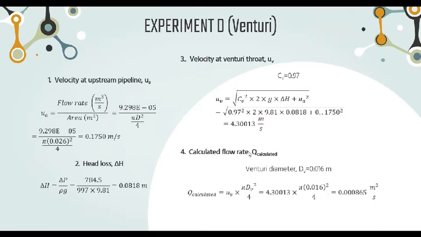And lastly, we find the calculated flow rate with the venturi diameter dV equal to 0.016 meter. Then we will compare the Q calculated with the flow rate that we already set in the experiment. So that's all for the calculation of data.